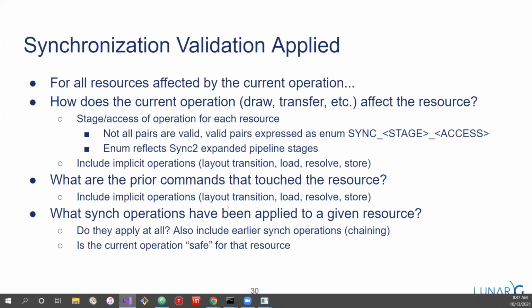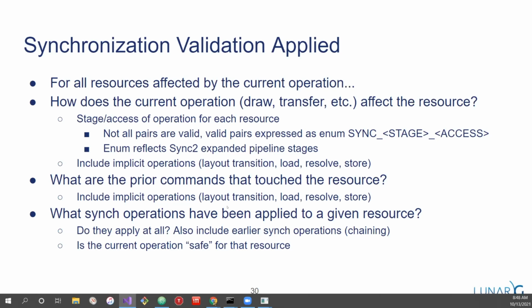And this is the stage access that Jeremy was talking about. Not all stages are valid with all access types. And so we synthesized a set of enums, which we report, which are simply all the valid stage access pairs. They reflect the sync2 pipeline stages, and they include the implicit operations that happen in layout transition, load, store, and resolve.